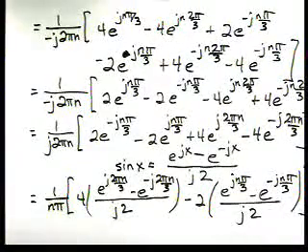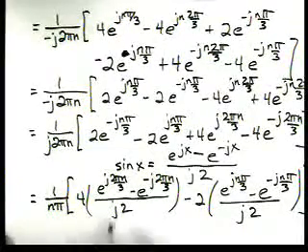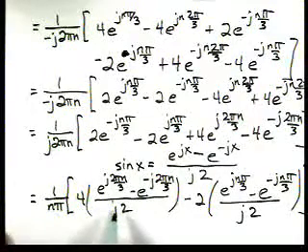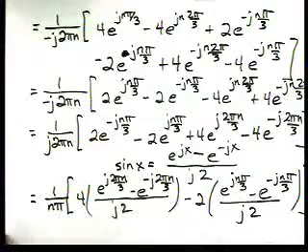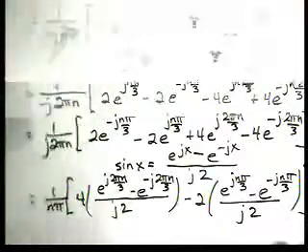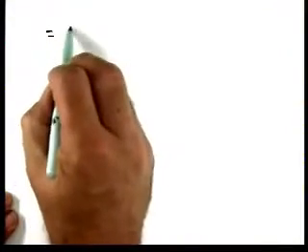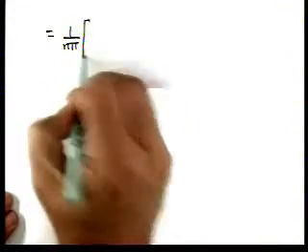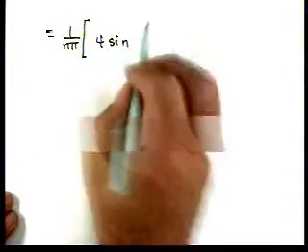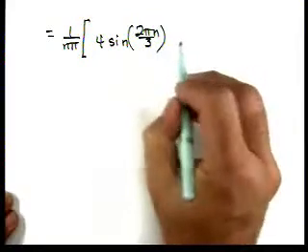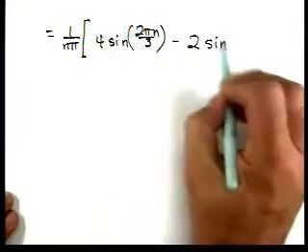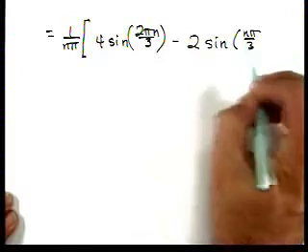So basically what I have here is a sine term. We rewrite this as 1 over n pi times 4 times the sine of 2 pi n over 3, minus 2 times the sine of n pi over 3.